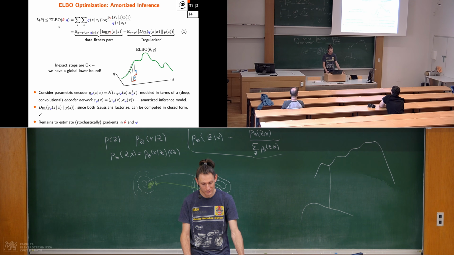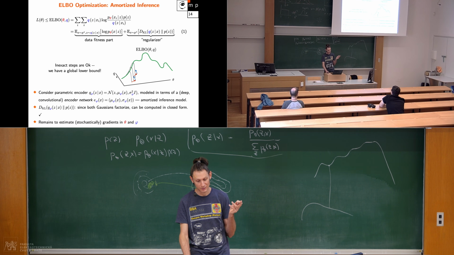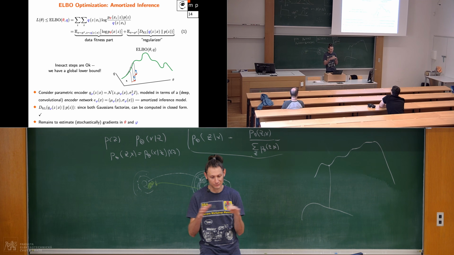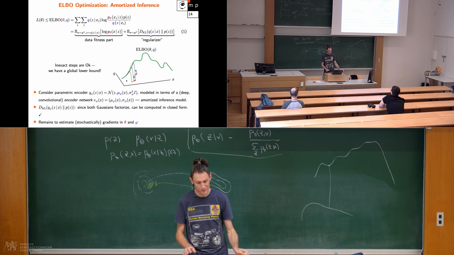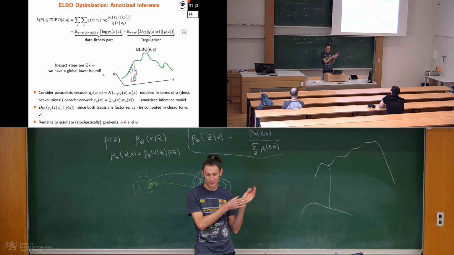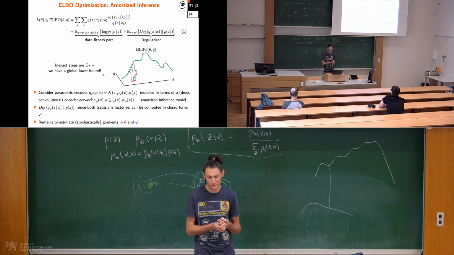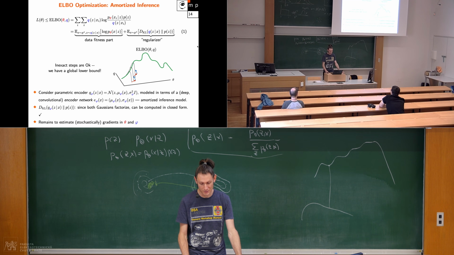In this picture, this is viewed as a lower bound in both parameters, theta and q, a function that we will be globally optimizing in both theta and q. So we will achieve what we wanted in the previous slide by just joint optimization of this in theta and q.